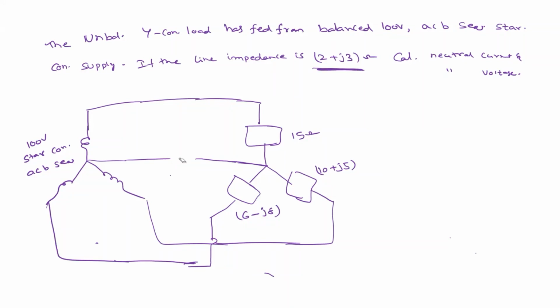So how will you incorporate that? What is this value? 2 plus J3, right? And this value is also 2 plus J3, and here this value is also 2 plus J3 ohm. Agree?